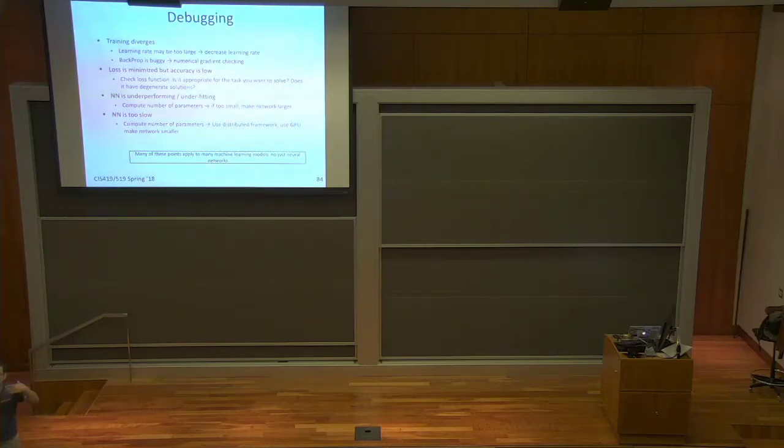If your system is not even able to overfit your training data, it probably means that it doesn't have enough units. It's underfitting rather than overfitting, right? And if it is slow, have this in mind. Neural nets are the best.